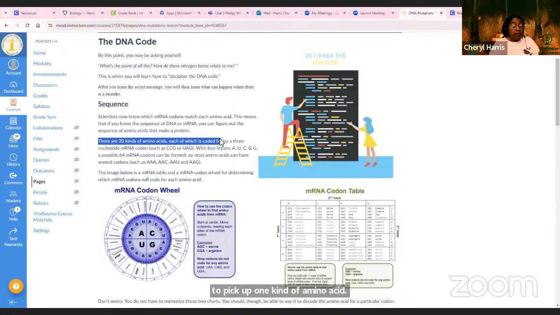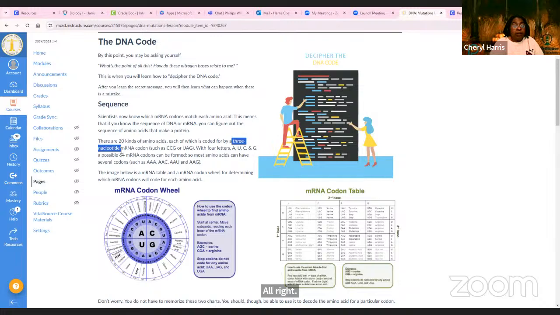It has a code for just that one particular amino acid. When the template is set, it goes and gets that one amino acid and brings it to the ribosome. So there are 20 amino acids. There are 3 nucleotides in a codon. So you need to remember that.